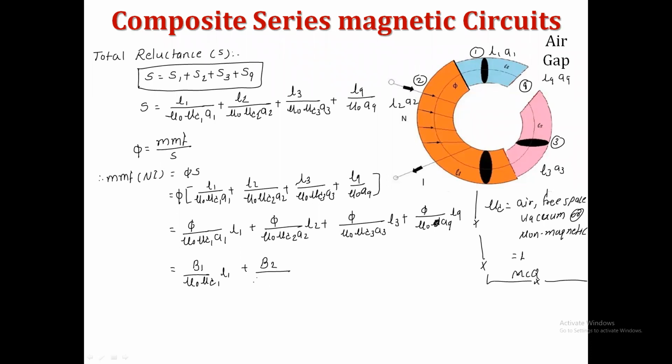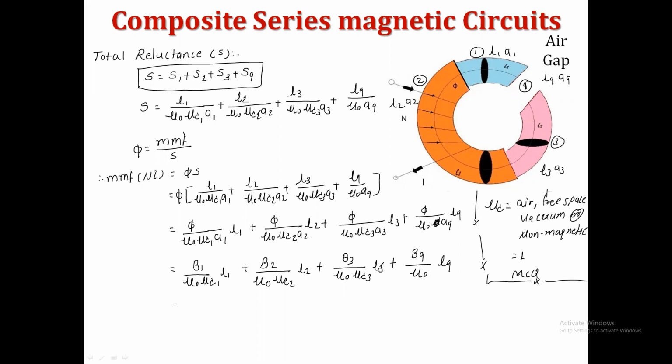Flux density is also different. b2 upon mu 0 mu r2 into L2, plus b3 upon mu 0 mu r3 into L3, plus phi upon ag I can write bg upon mu 0 into Lg. Is it okay?